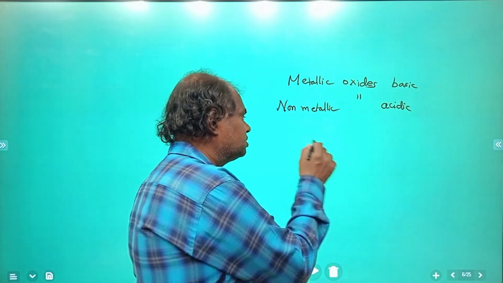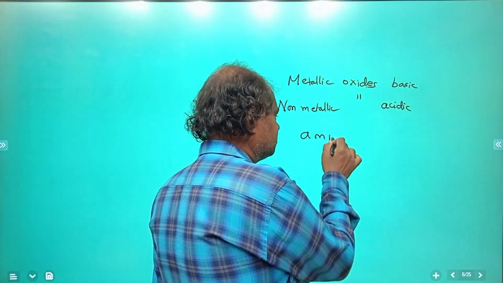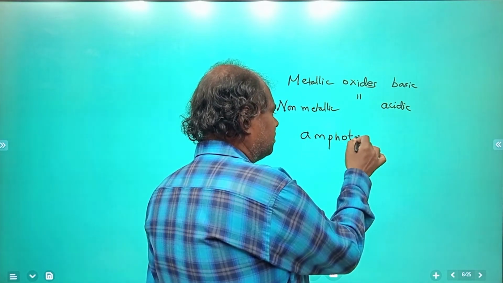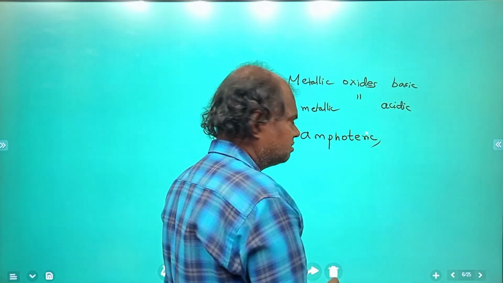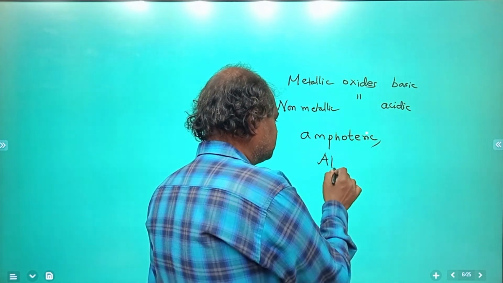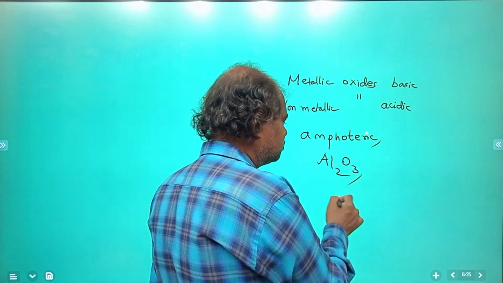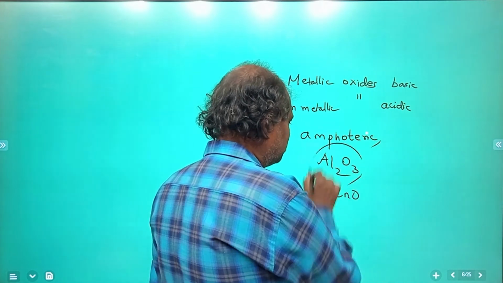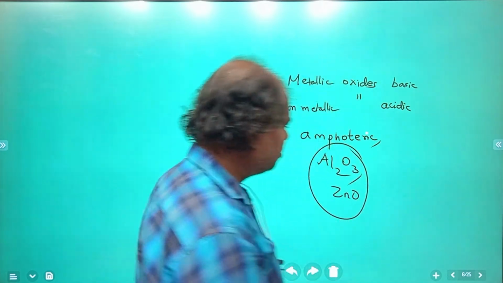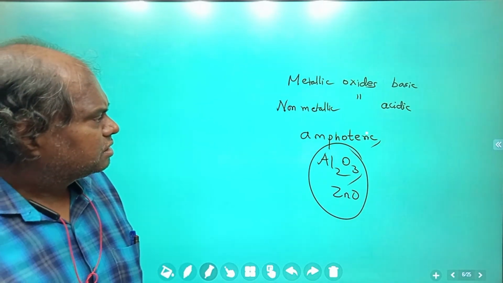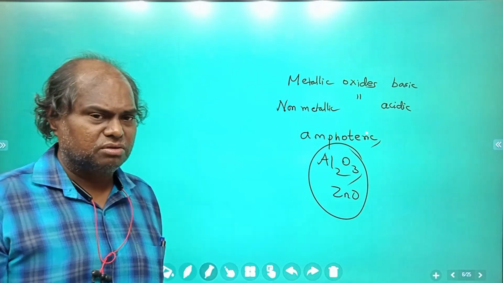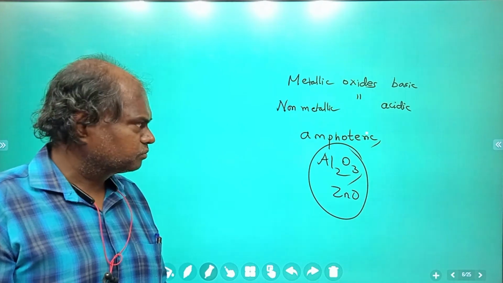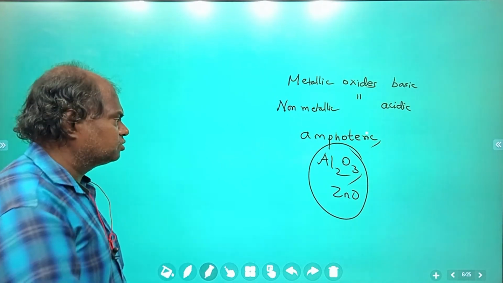There are some oxides which are amphoteric also. Amphoteric means they behave as both acidic and basic. The very famous examples are Al2O3 and ZnO. Aluminium oxide, you all know it's amphoteric. You will get acid also, you will get base also. Both behavior will be shown. And there are some oxides which are neutral.